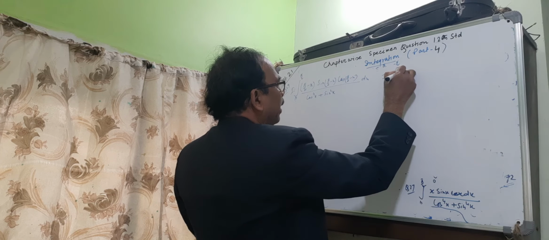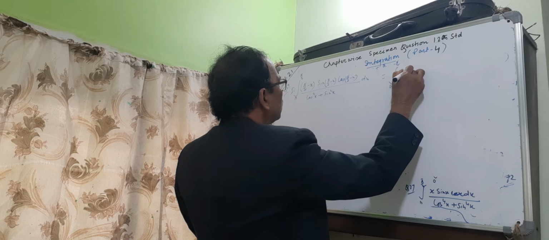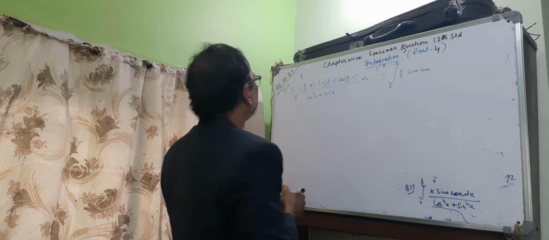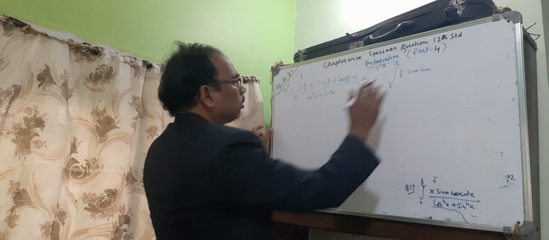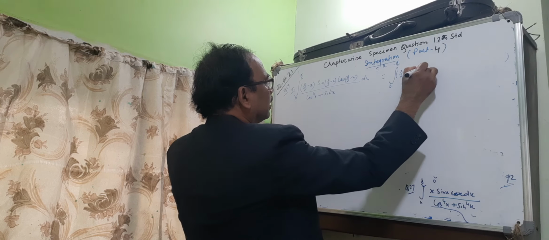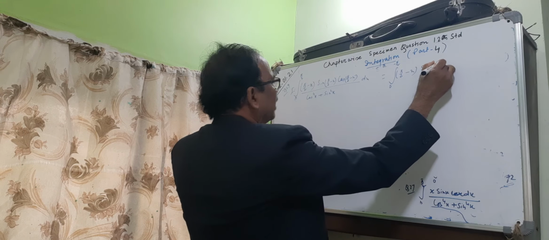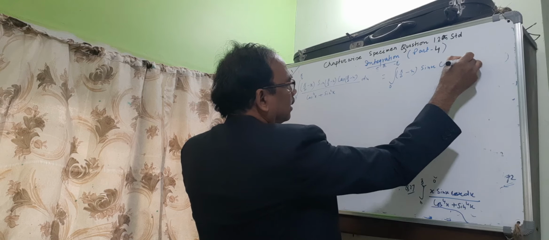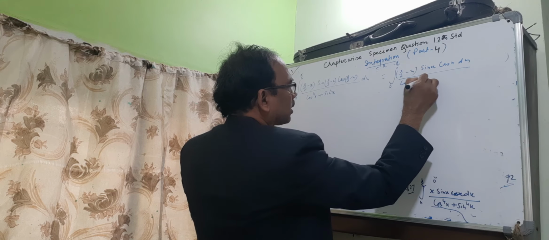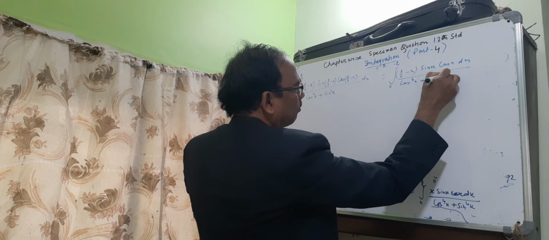Here we can break it as pi by 2 minus x, so sin x cos x dx over cos to the power 4x plus sin to the power 4x.